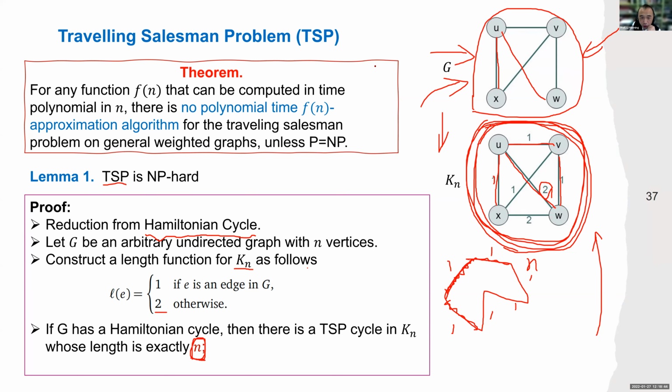If you don't have a Hamiltonian cycle in the original graph, then you cannot find a TSP of length n. But on the other hand, you can add some connections with infinity weight.